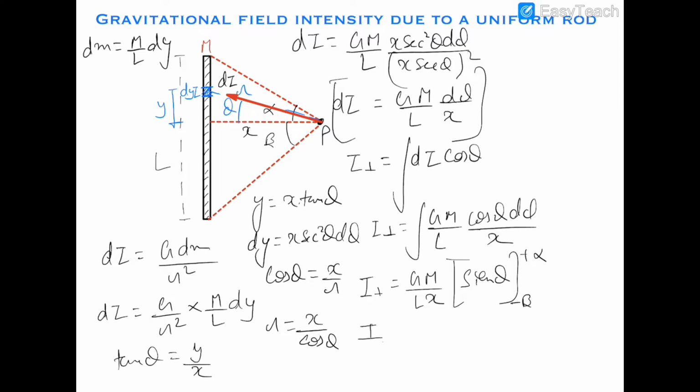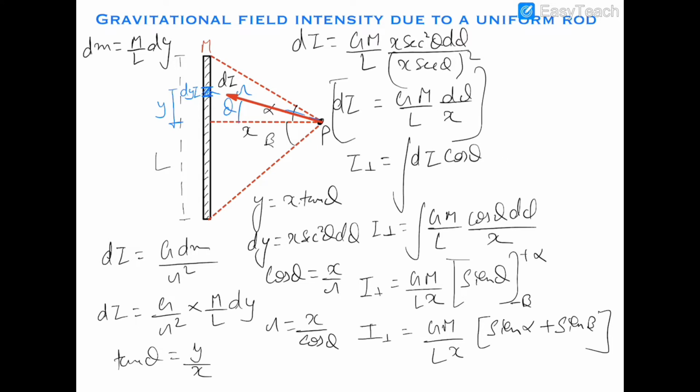So I perpendicular is equal to GM by Lx, and the limit gives sine alpha plus sine beta. This positive sign is due to the upper limit minus lower limit formula, and since the lower limit is already negative, negative and negative becomes positive.